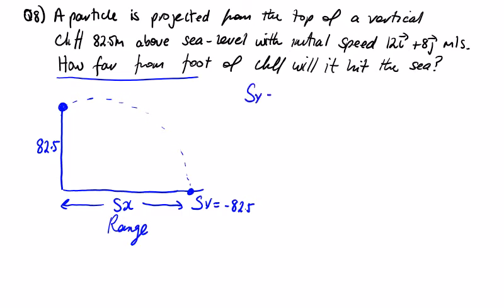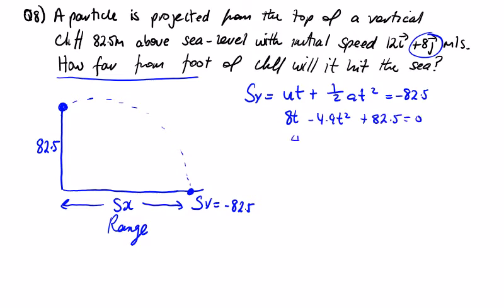So we need the time taken. S of y will give me the time, ut plus a half at squared is going to be equal to minus 82.5. My initial velocity is 8 in the y direction, so 8t minus 4.9t squared plus 82.5 is equal to 0. So 4.9t squared minus 8t minus 82.5 is equal to 0.